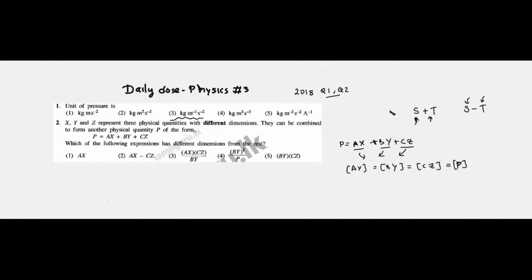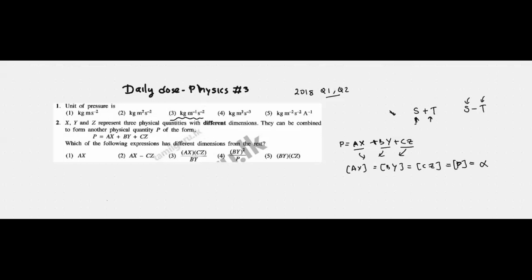So the question is, which of the following expressions has different dimensions from the rest? Now we said that these four quantities have the same dimensions. Let's say the dimension is, we'll put a random value, like alpha.